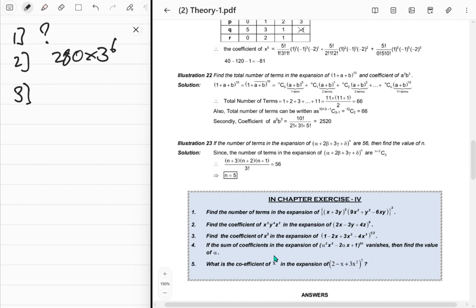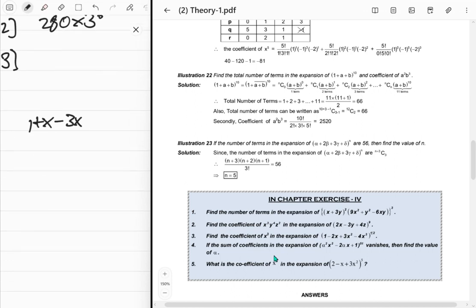What I'm thinking is like 1 plus x minus 3x. No, that won't work. I thought it would work. It wouldn't. What if it tried and somehow did work though? Isn't it worth the risk?